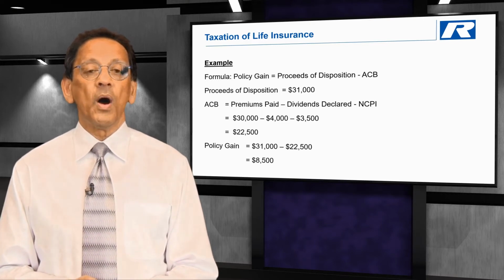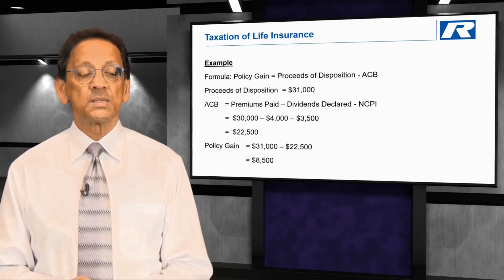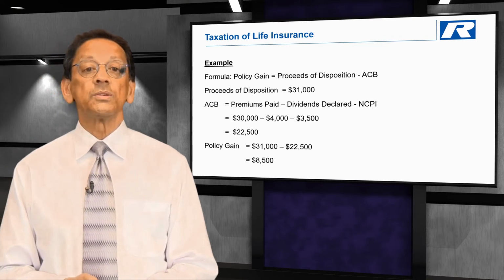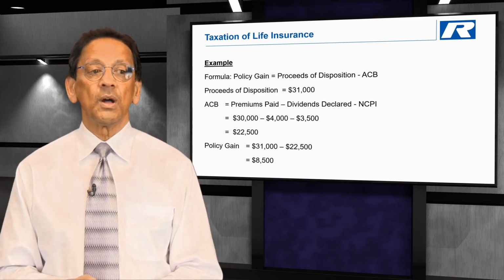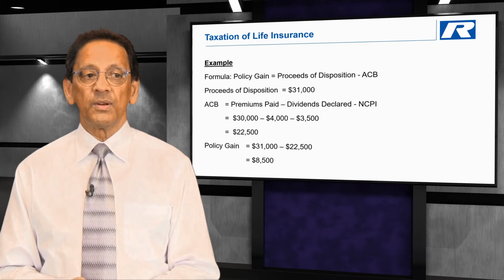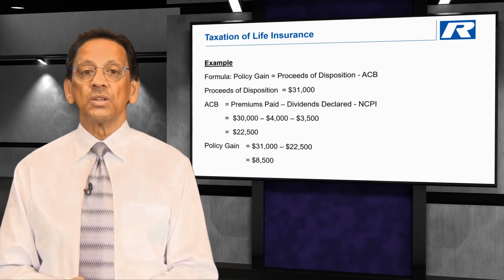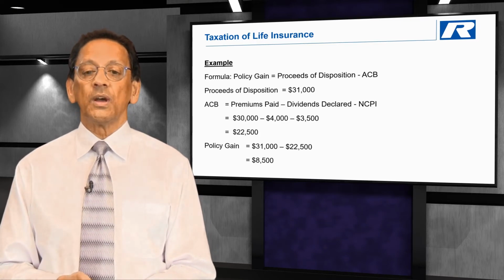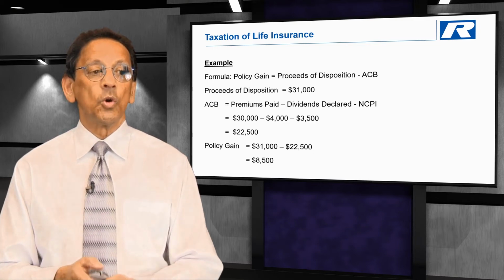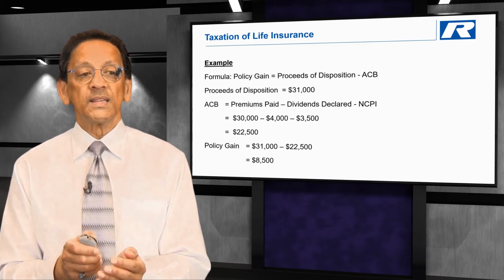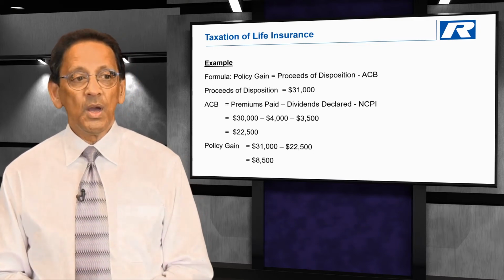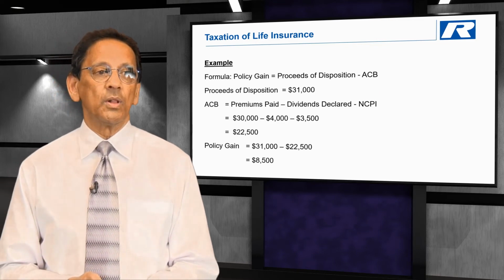So the policy's adjusted cost base is going to be $30,000 minus $4,000 minus $3,500, for an adjusted cost base of $22,500.